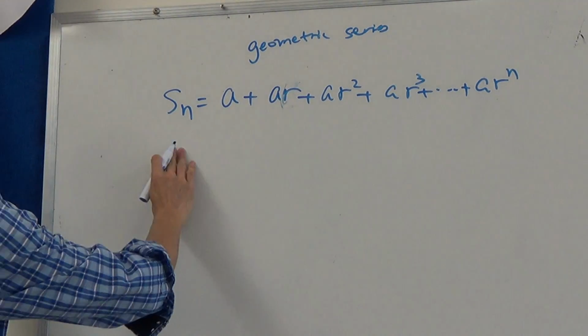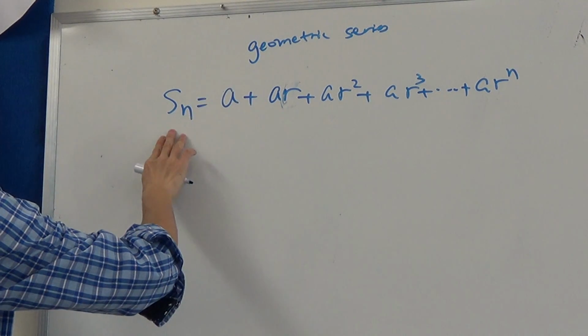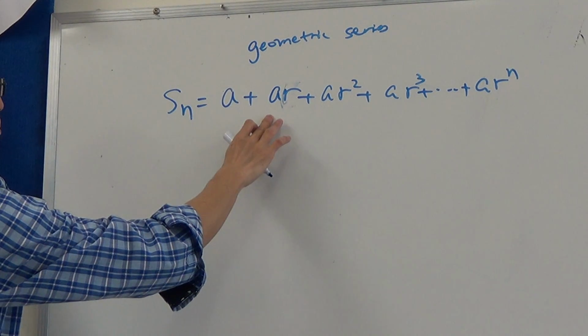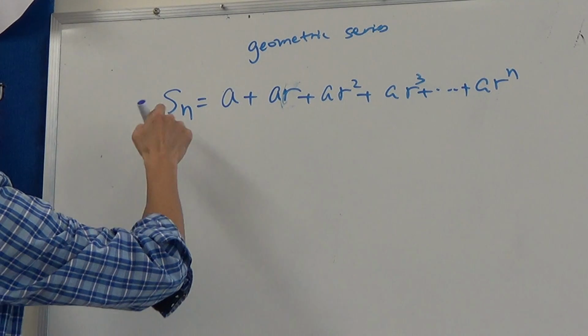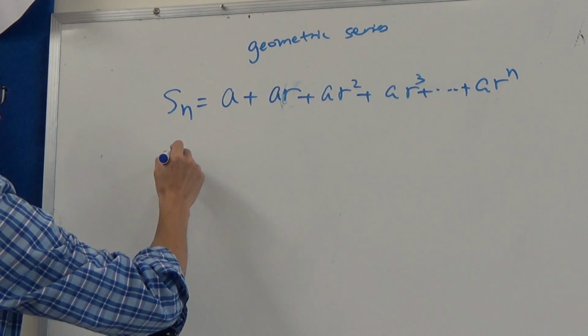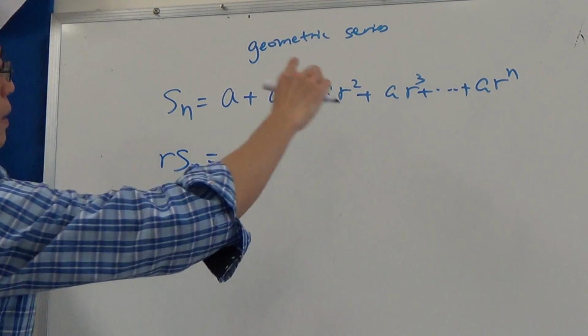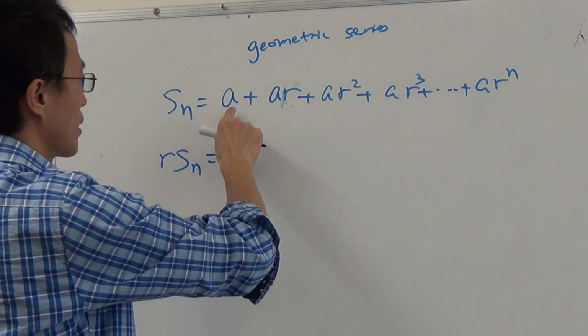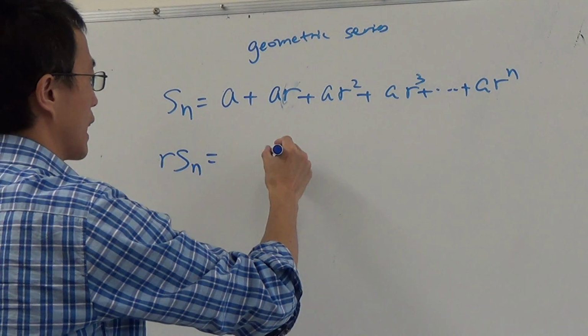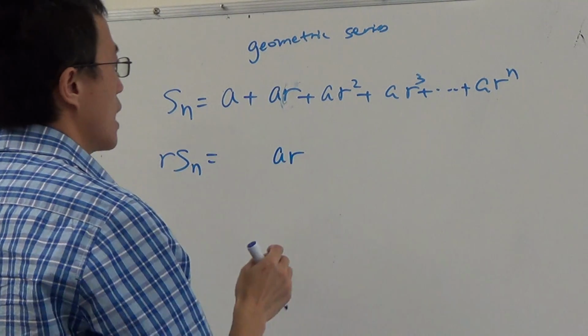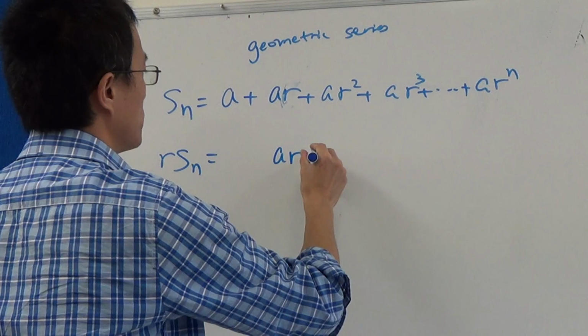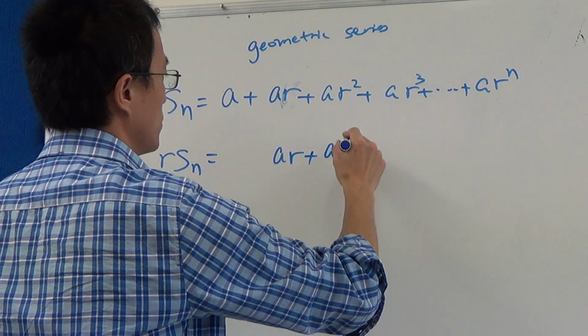Now one trick is to multiply both sides by the common ratio. So I multiply the left-hand side by the common ratio, then the right-hand side by the same common ratio. A multiplied by R, I get AR. AR multiplied by R, I get AR squared.